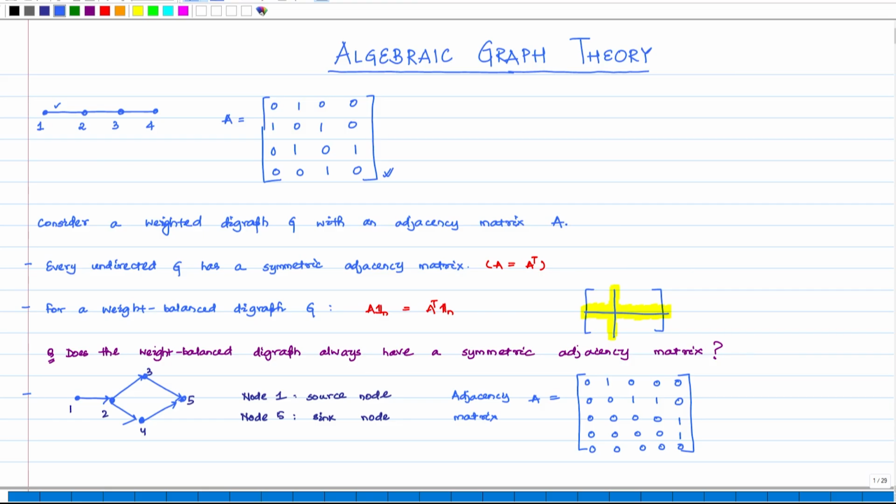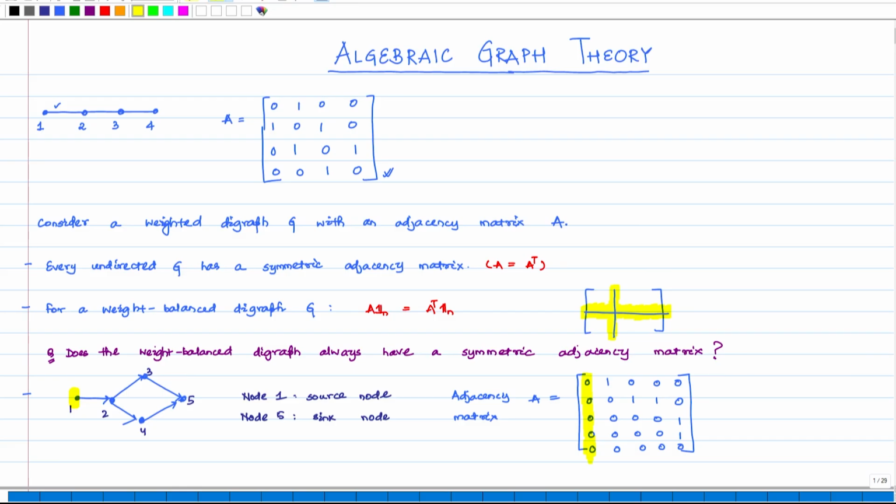So, what do we observe here? Let us focus first on the source node, which is node number 1. For node 1, the first column is always 0 for a source node, meaning it does not have any incoming edges.